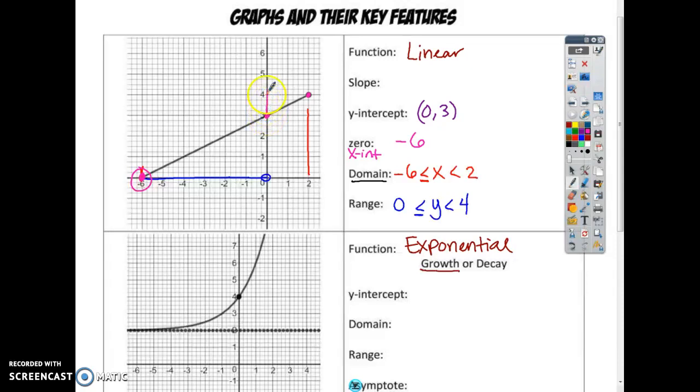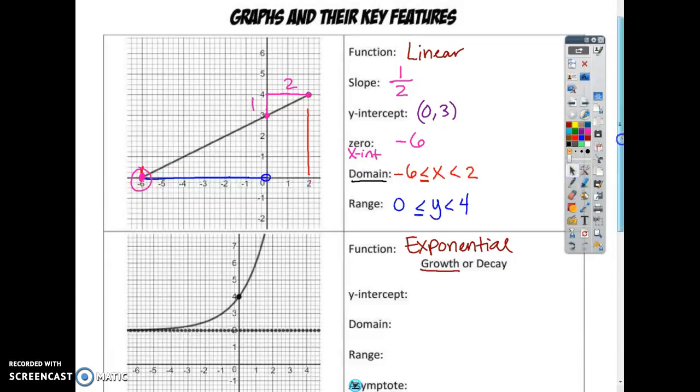From 3 to 4, how much did you go up? 1. Even though it's a lot of little lines right there, from 3 to 4 is just 1. And then how much did I go over from here to here? 2, right? From 0 here is 2. So my rise is 1, my run is 2, so my slope is 1 over 2. Okay?